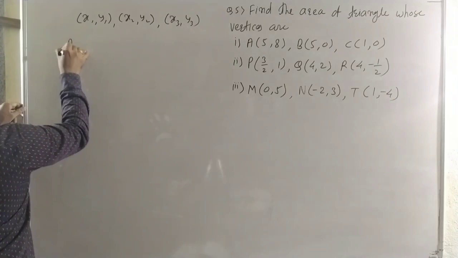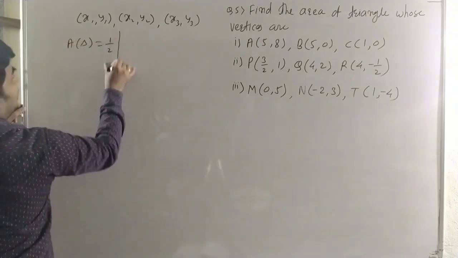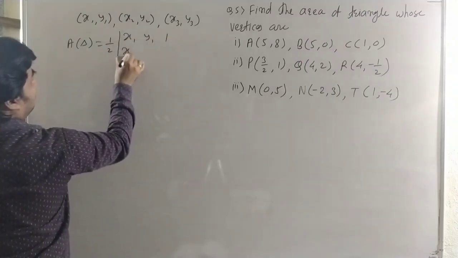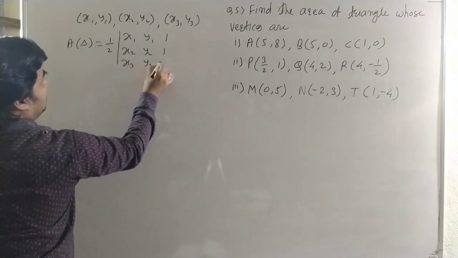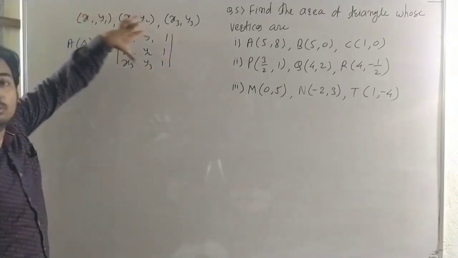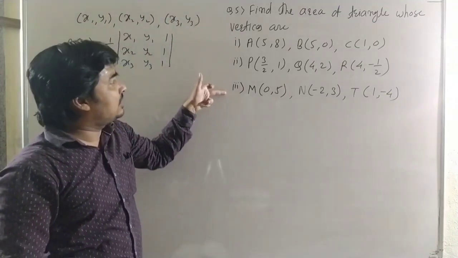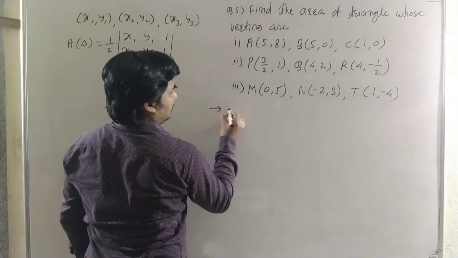Then the area of the triangle is 1/2 times the determinant of x1, y1, 1; x2, y2, 1; and x3, y3, 1. Now the second and third examples are for homework, the first example we solve here.